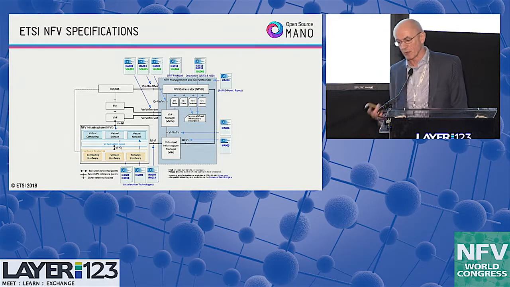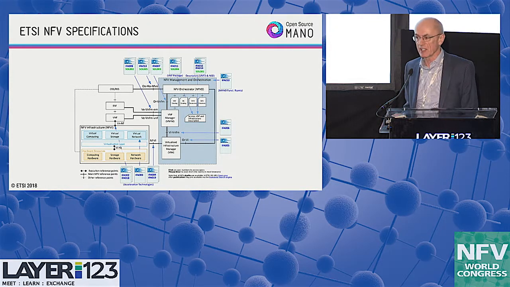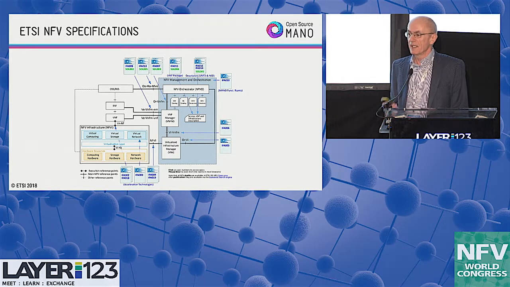My favorite diagram of all time, in fact, this is a beautiful diagram. The reason this diagram is so beautiful is that this was originally conceived in ETSI NFV, and indeed, Francisco Javier, you were there. It was finally agreed in the bar in Madrid, was it?